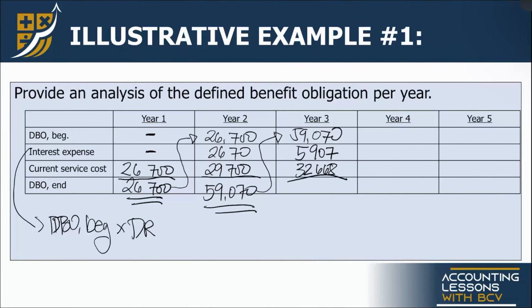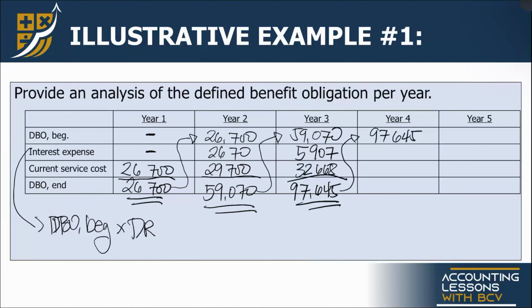Okay, how much is it now? 97,645. Year 4, so our beginning is 97,645. Right? Interest expense, how much?